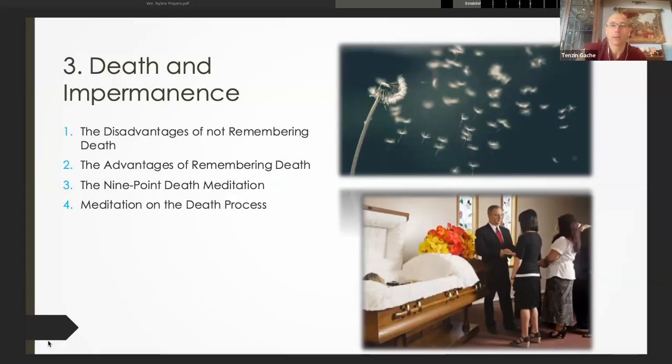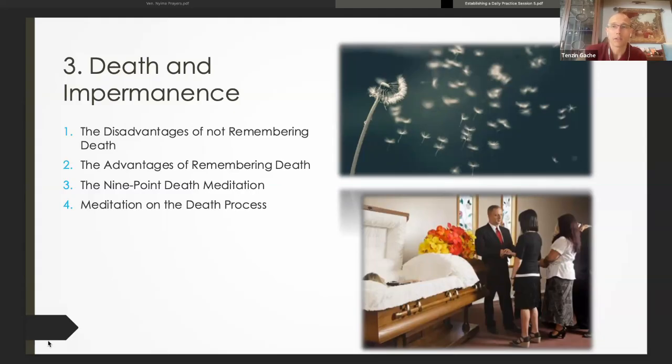If you don't have all the points memorized, you can go through the advantages of remembering death, there'll be eight of them, I think, listed in the text. You go through them one at a time and spend a few minutes reflecting on each one, or however long is meaningful for you. And you can then also be creative with that. You don't have to just think about those words, but it's meant to inspire contemplation, right?